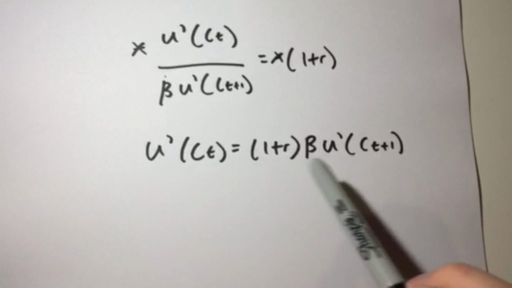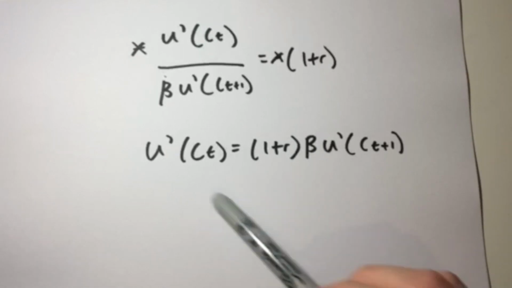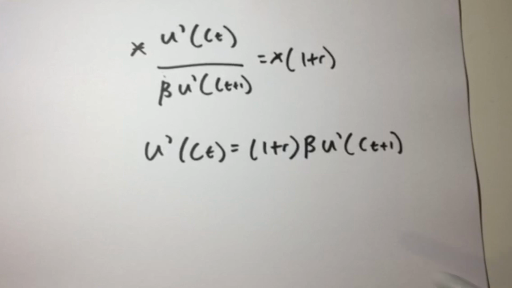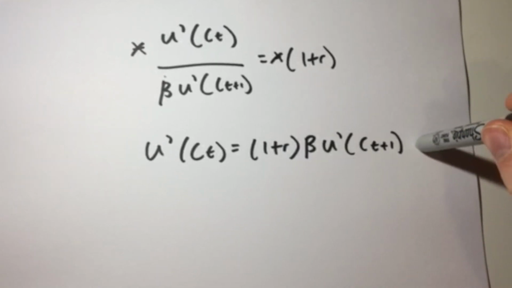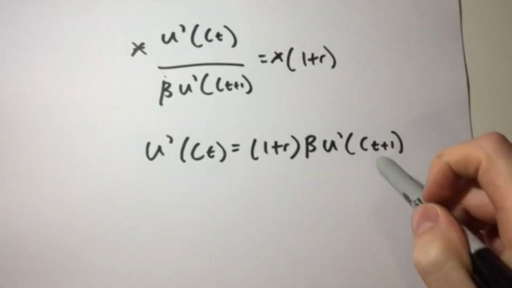They're indifferent between those two things. That's why they're equal to each other. I'm going to do another video where I specifically interpret this equation and play around with it so you can understand it a lot better. But that's our Euler equation and how it is derived from scratch, starting from the assumptions of the model to this equation right here.